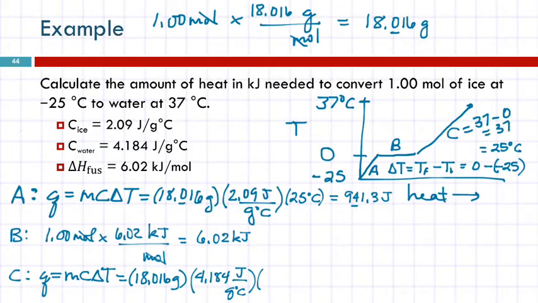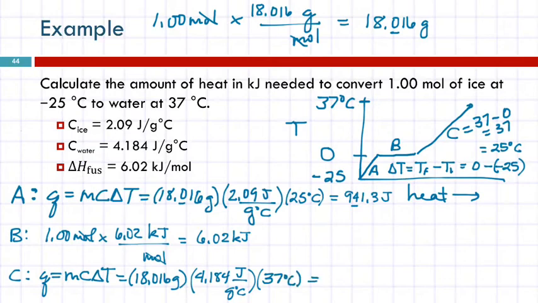The common error that students make is they look at the overall temperature change. You have to look at just the line segment that you're calculating. Each segment has to be calculated separately. So that's 37 degrees Celsius.